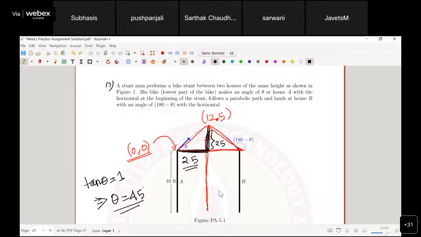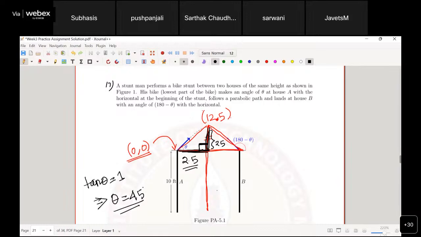Yeah, I guess whatever you are saying is correct, because if you are drawing a perpendicular, then certainly it's a right angle triangle. But there cannot be two answers, right?